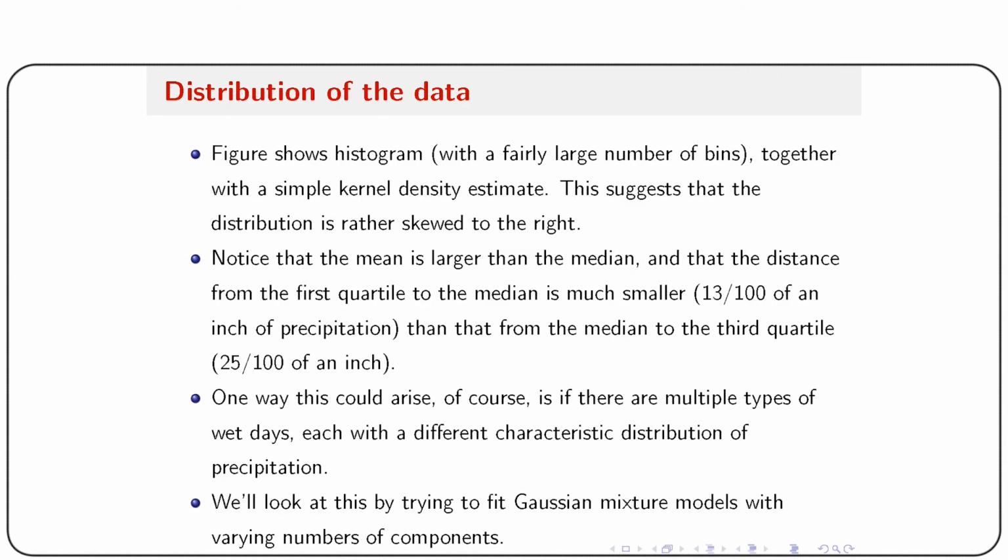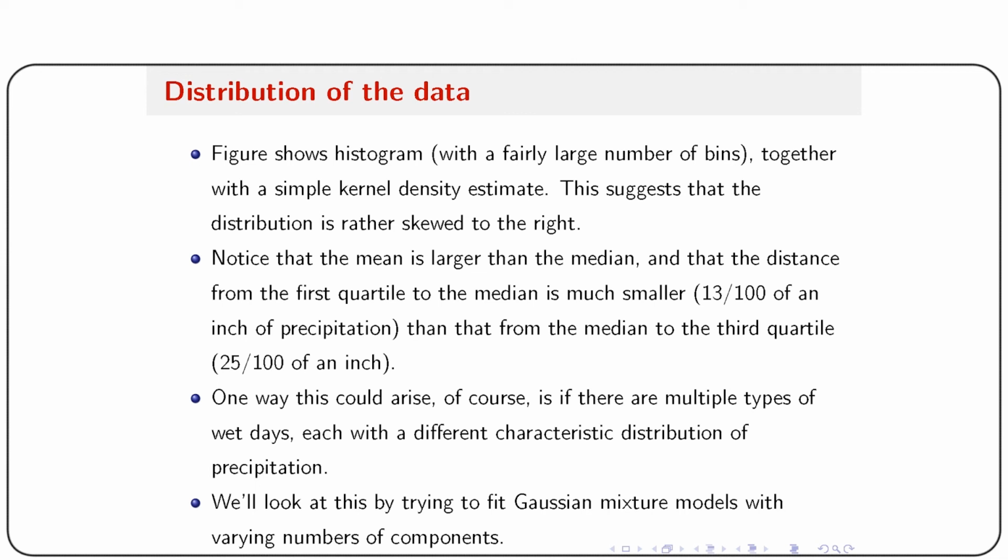The figure shows the histogram together with the simple kernel density estimate. This suggests that the distribution is rather skewed to the right. Notice that the mean is larger than the median, and the distance from the first quartile to the median is much smaller than that from the median to the third quartile. One way this could arise is if there are multiple types of wet days, each with a different characteristic distribution of precipitation.